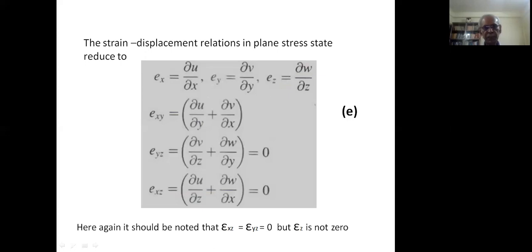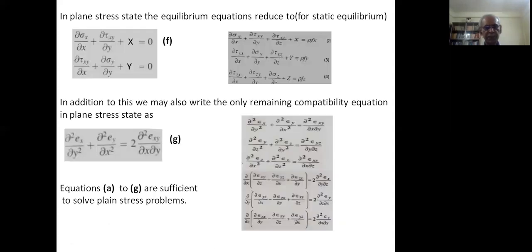Let's go to the next set of equations, and they are the equations of equilibrium. I have written the equations of equilibrium on the right hand side in 3D, and equations of equilibrium on the left hand side for static equilibrium. That means in the full form of the equilibrium equations, we have got mass into acceleration on the right hand side.